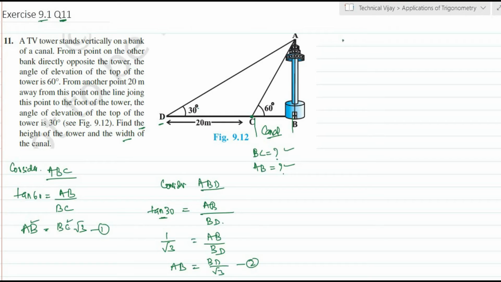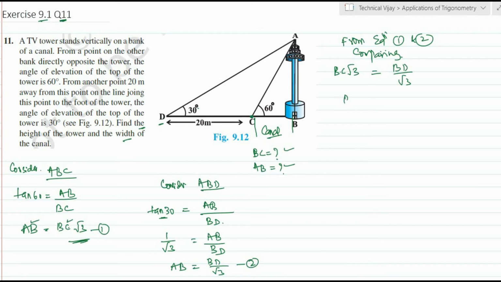So now from equations 1 and 2, comparing, AB is equal to BC root 3, and AB is equal to BD by root 3. So BC root 3 is equal to BD divided by root 3.